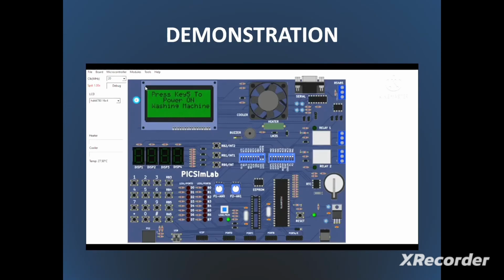This is a video of our project demonstration. In the first step, we have to turn on the washing machine by pressing the key RB5, RB4 sorry. After this the washing machine will be powered on.